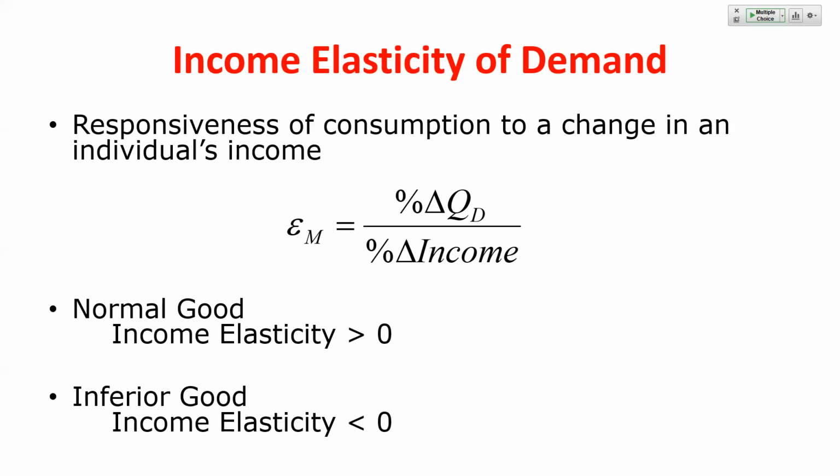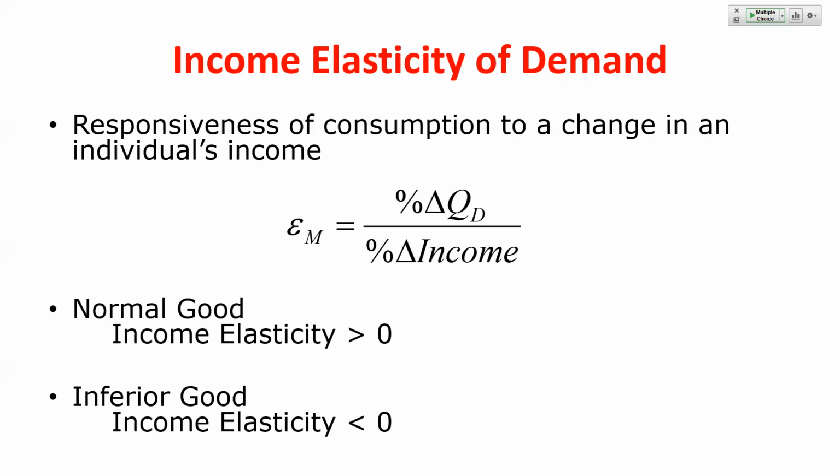So if we see that they move in the same direction and that income elasticity is positive, that tells us they're normal goods. If when income goes up, we see that quantity demanded goes down, well, that is going to give us a negative value. And this was the definition of inferior goods. When you have more money, you buy less of them.